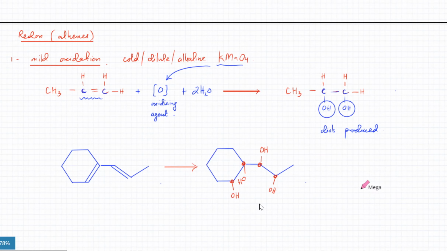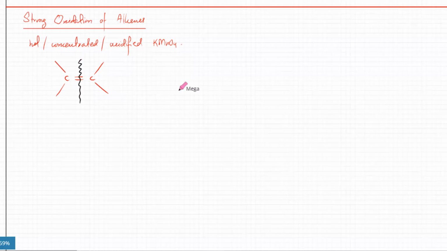So what happens in this case? The very first thing that you got to remember is, in this case, the double bond will not turn into a single bond. The first thing that will happen is that the double bond would completely break. The molecule will split from the middle into two separate species.